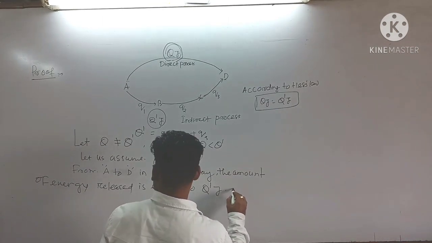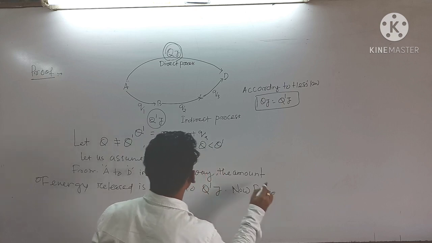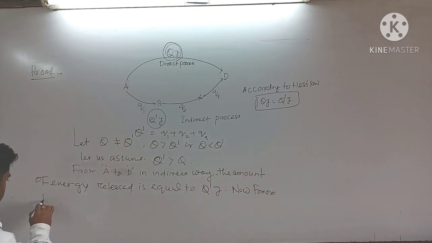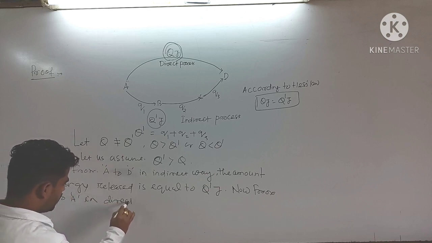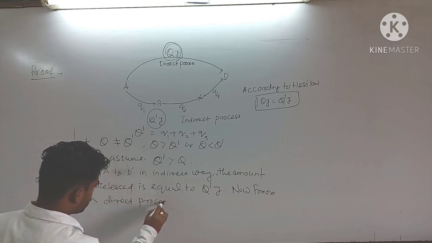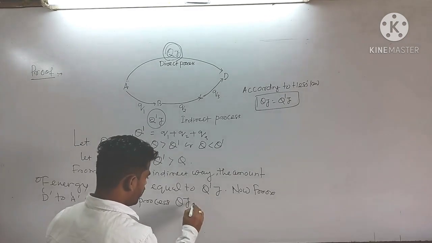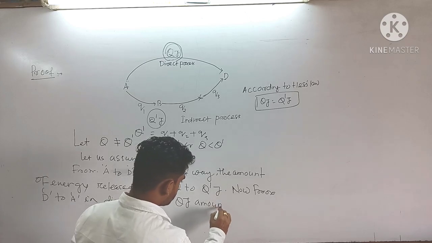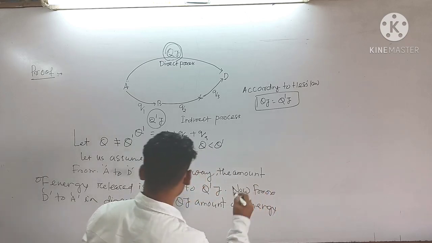Now from D to A, in direct process, Q joule amount of energy is absorbed.